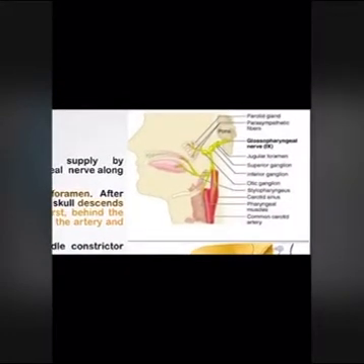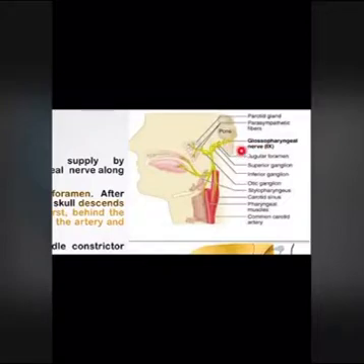You can see the glossopharyngeal nerve and the jugular foramen. It leaves the skull from the jugular foramen. And this is the stylopharyngeus muscle. And this is the internal carotid artery. And this is the pharyngeal muscle.